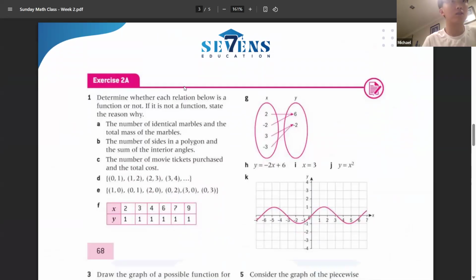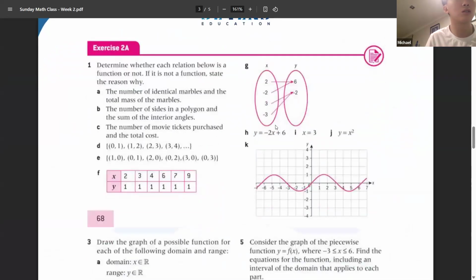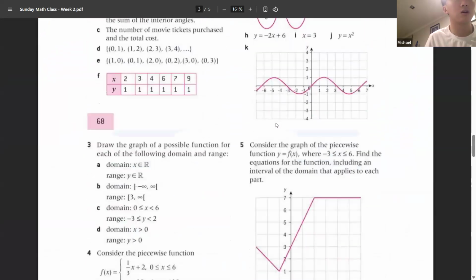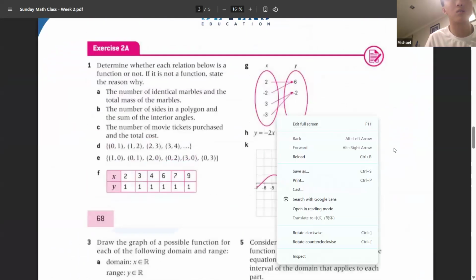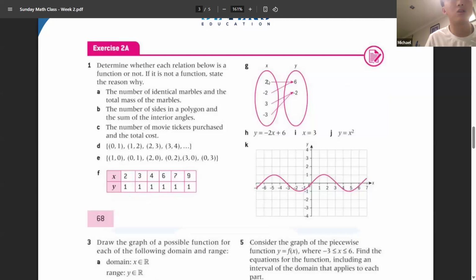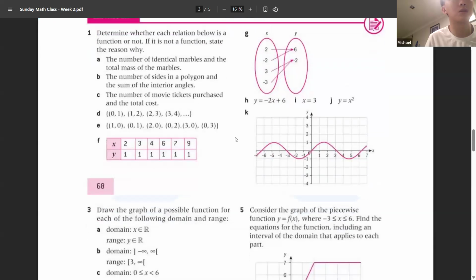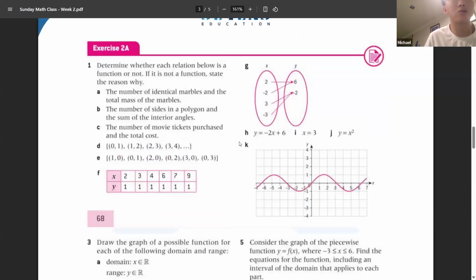We have more exercises here. Determine whether it is a function or not a function, and the reason why. This is pretty easy, we don't need to do this. This is pretty much the same thing. Let's just pick a few to practice.